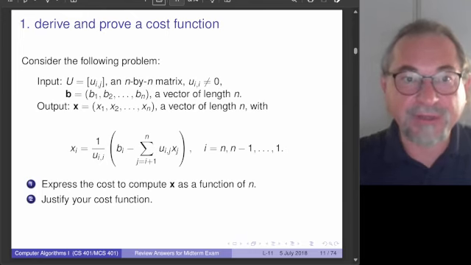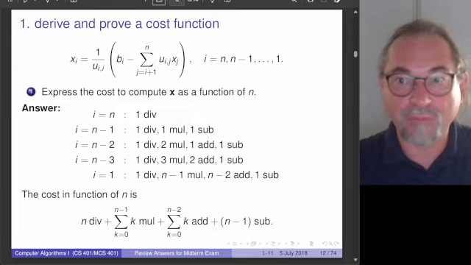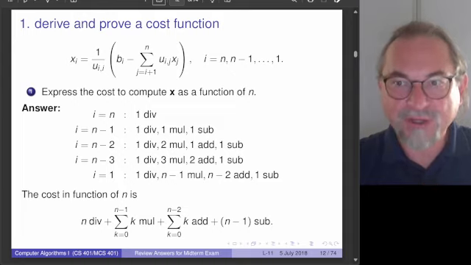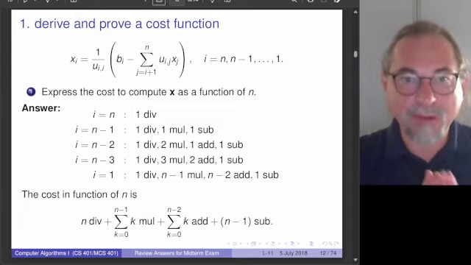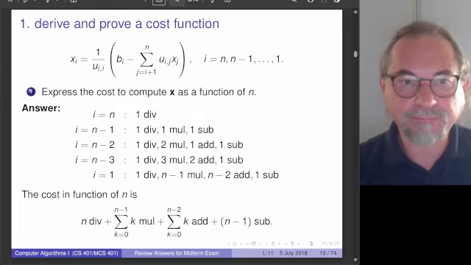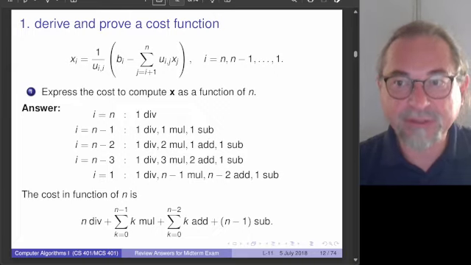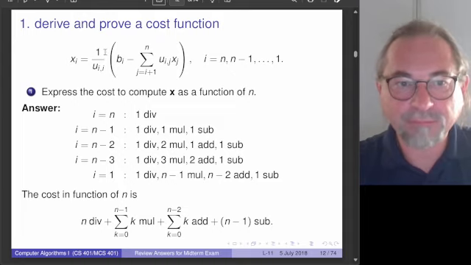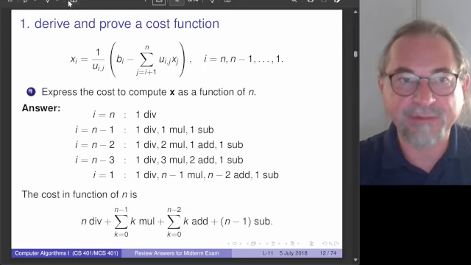Justifications can come in the form of a formal proof, but here they come in the form of a derivation. So I will step by step derive the solution by interpreting the formulas. When I look at it, I have one division, and the division stays constant, independent of n.